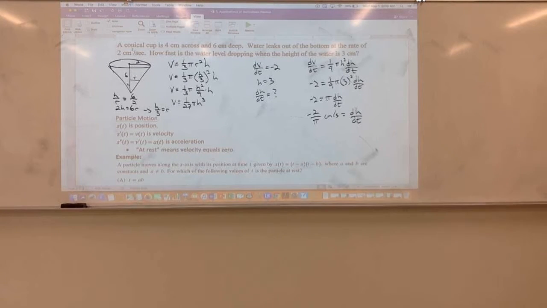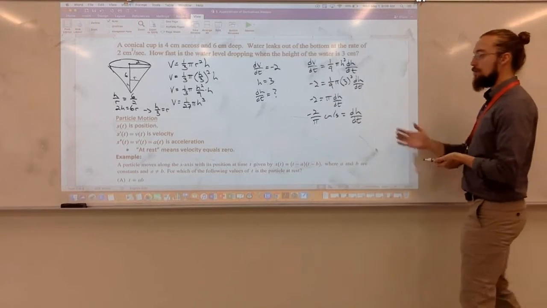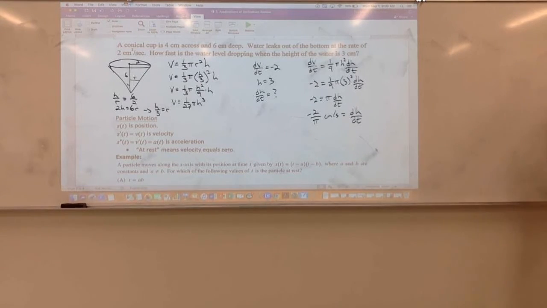And then my units would be centimeters per second if we're talking about the rate at which the height is changing.